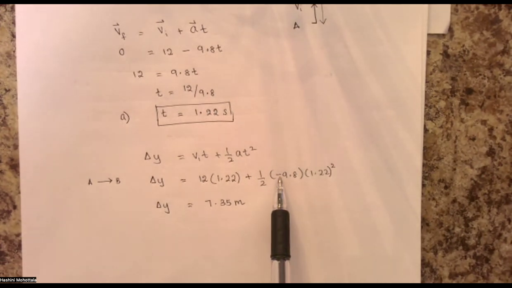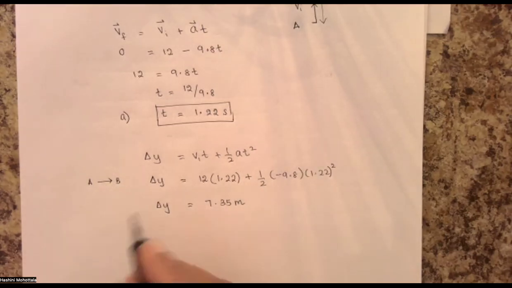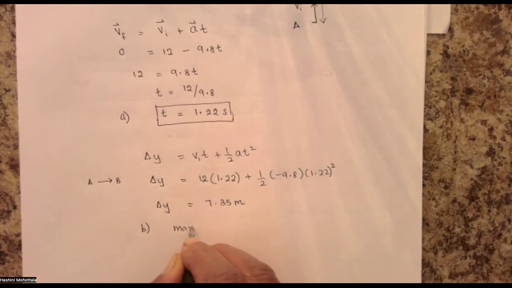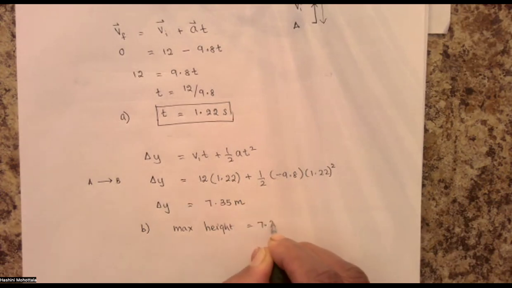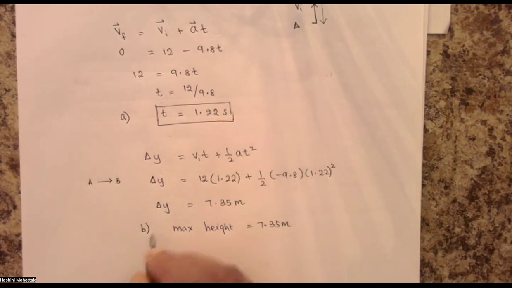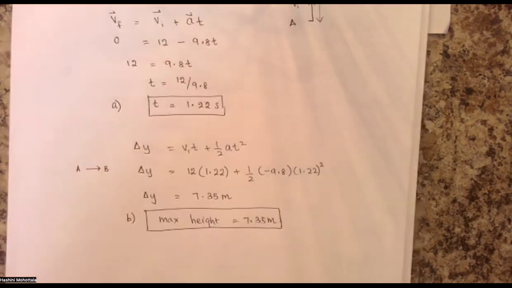Instead of having the negative, if you have the positive, maybe the answer is 22.17. Great. So the answer for part B, maximum height, equals 7.35 meters. Perfect. Next, last part.